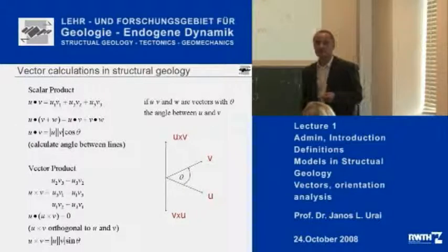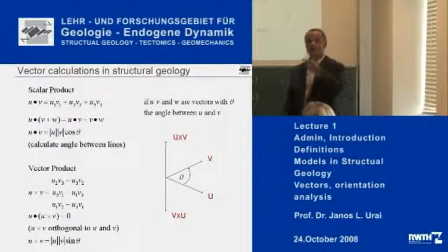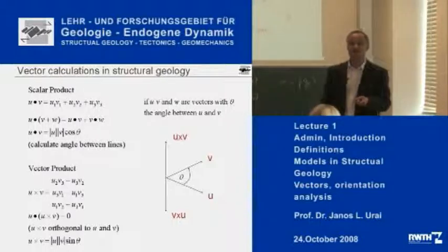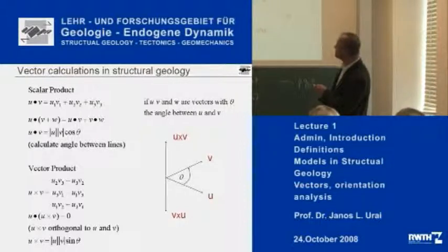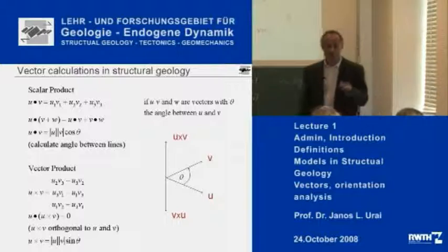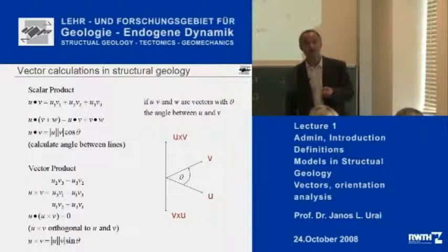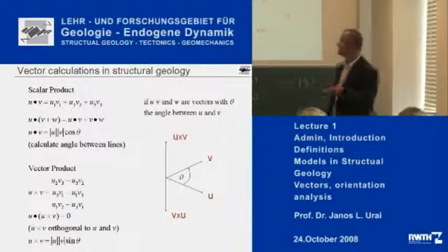Okay, once we have used our planes and our lineations to put them into a Cartesian coordinate system, then we can start doing all kinds of magic. And the two important formulas here are the scalar product and the vector product. Of course, you have all learned linear algebra a little bit, so this must be quite familiar. The scalar product you can use to calculate the angle between lines.